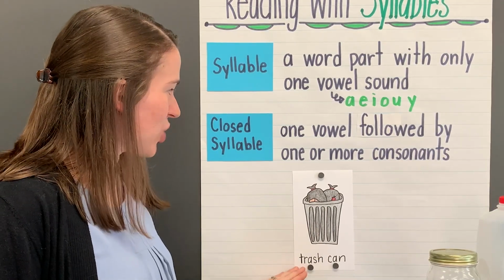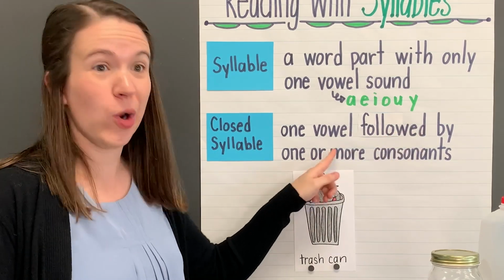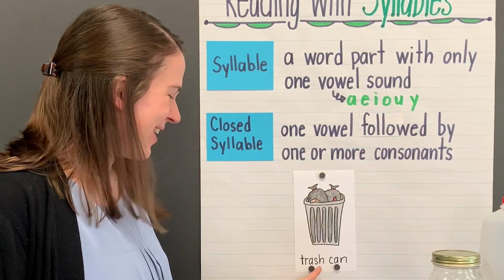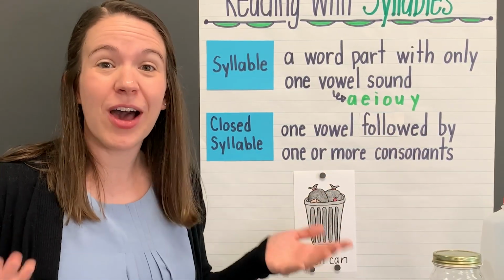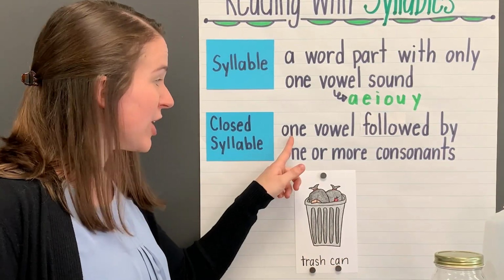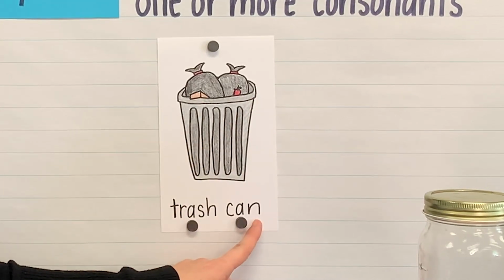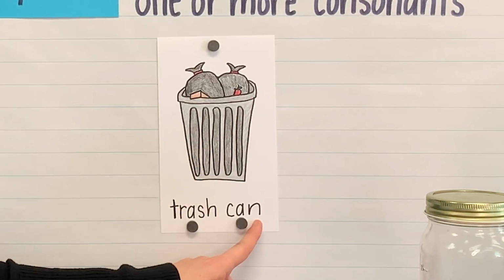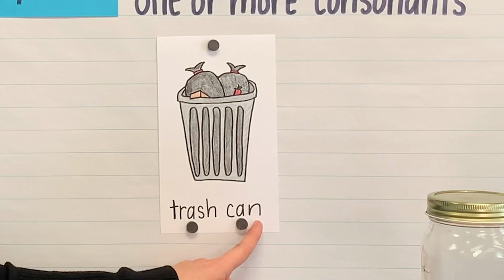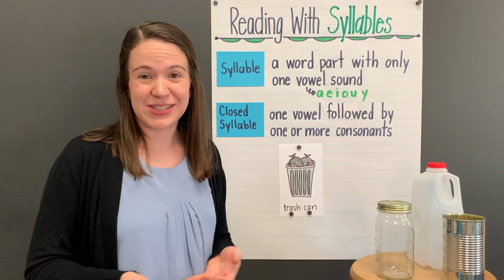That means the word trash has one vowel followed by one or more consonants. This is an example of a closed syllable. What about the word can? We already know it has the one vowel. Is it followed by a consonant? It is followed by a consonant. Now, this is another example of a closed syllable.